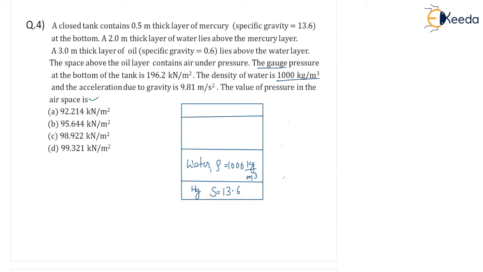Density is given, so I will write the density directly. And then above this we have oil, S equal to 0.6, and then we have air. We have to find this pressure of air, the gauge pressure.